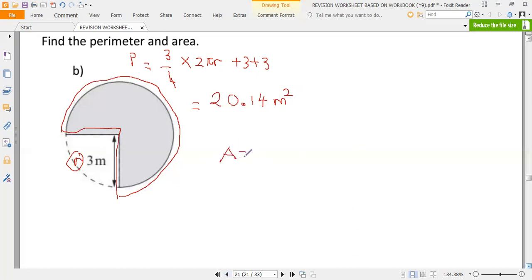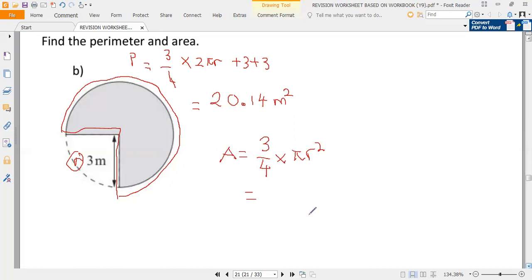Area is 3/4 times pi r squared. Pi r squared is for the whole circle. So times 3/4 because it's 3/4. Pi times 3 squared times 3/4. 21.20 something.